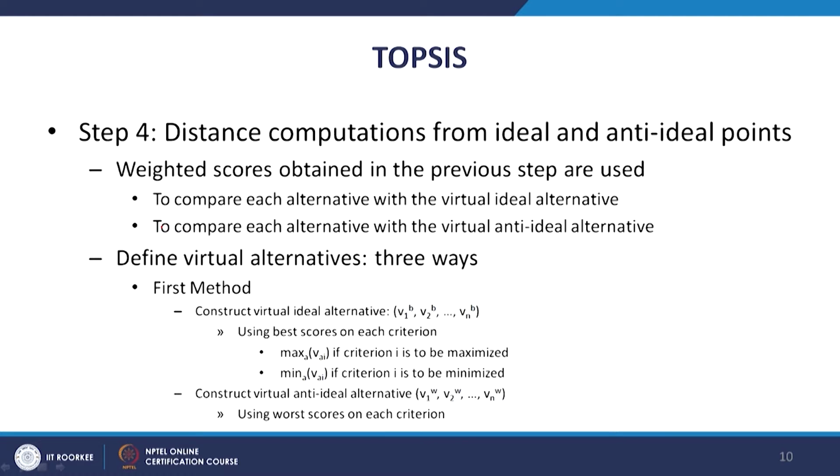So, it is just the reverse of what we did in the construction of the virtual ideal alternative. In the virtual anti-ideal alternative, we will take the worst scores, and therefore we are denoting this virtual anti-ideal alternative as V1w and V2w up to Vnw. So, now let us move forward.